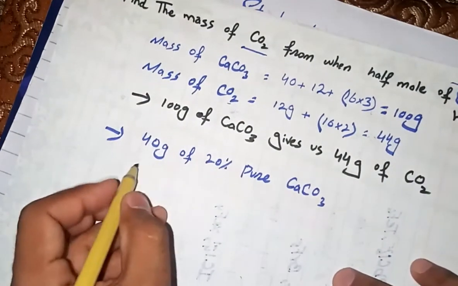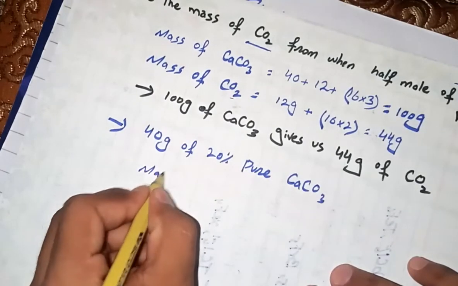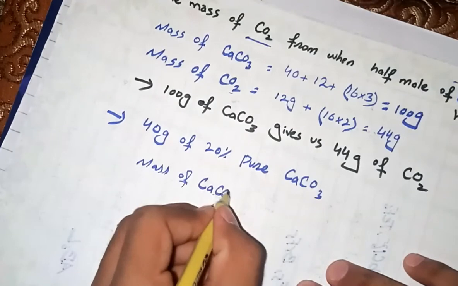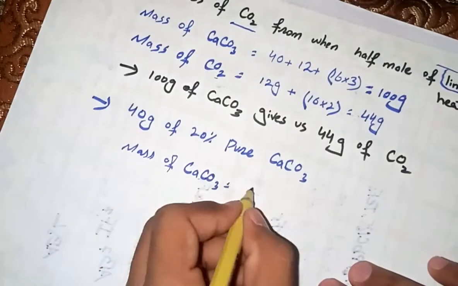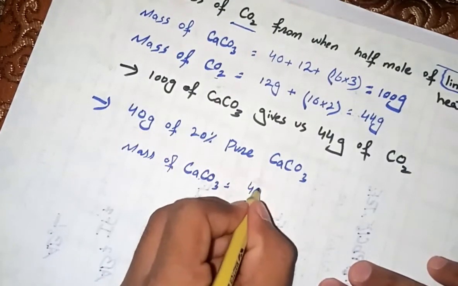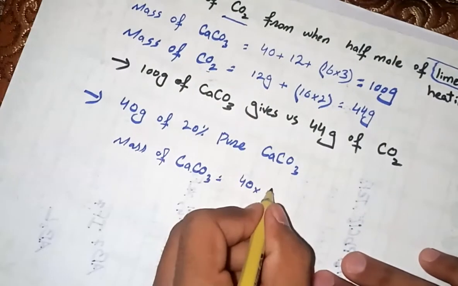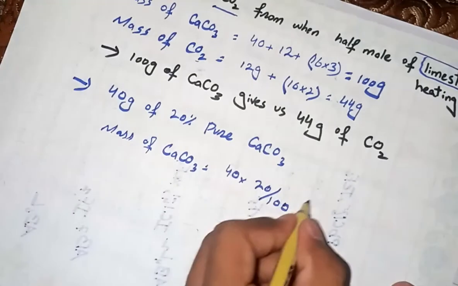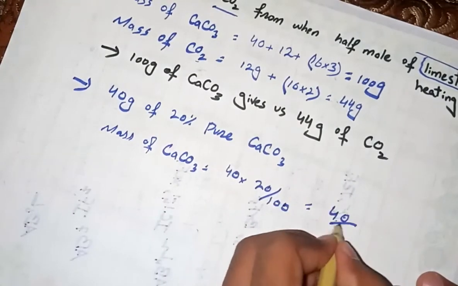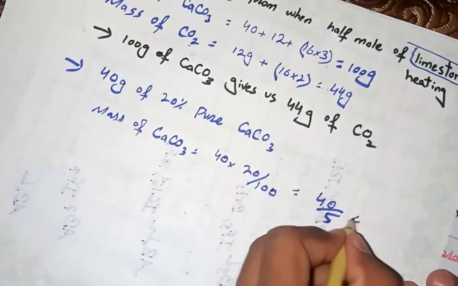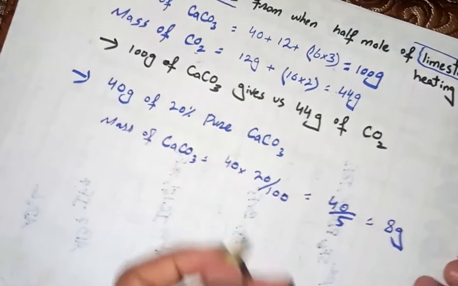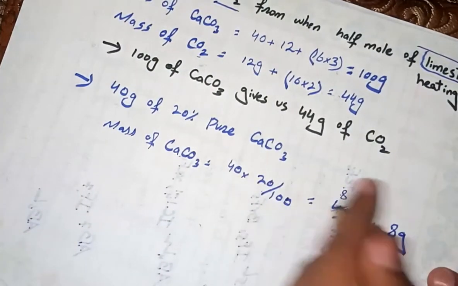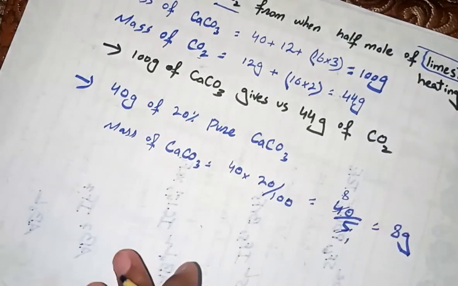Now we calculate its mass again. Mass of limestone is equal to 40 multiplied by 20 over 100, which is equal to 40 over 5, and 8 gram is the final mass of CaCO3.